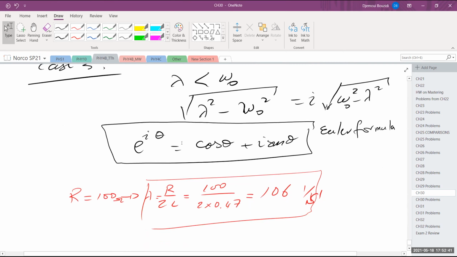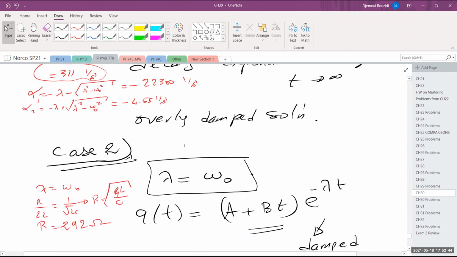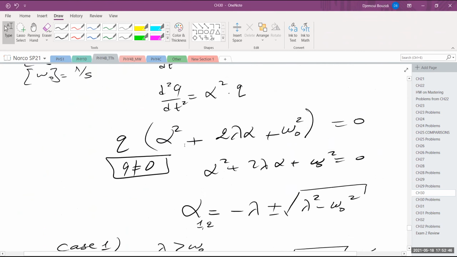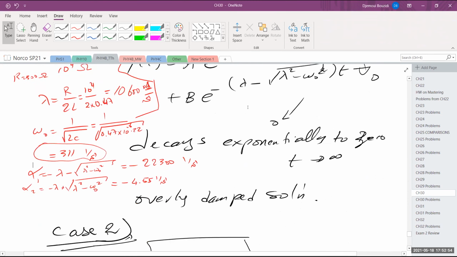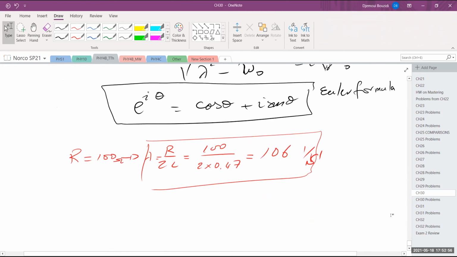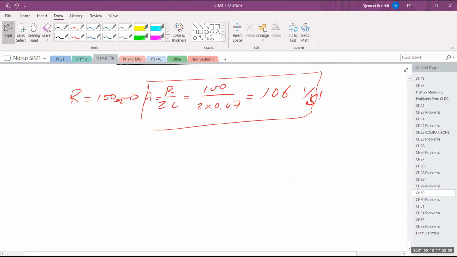Using Euler's formula, this suggests that the solution, which we wanted, exponential of alpha t, has a value in it that is not real, that is imaginary. As a matter of fact, let me now go back to black. The solution will have an exponential of, I'm sorry, there is no i first.